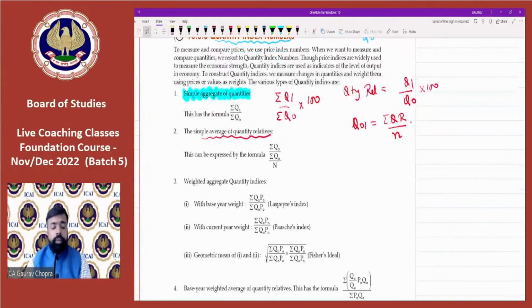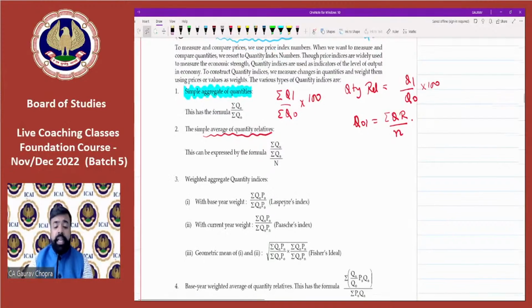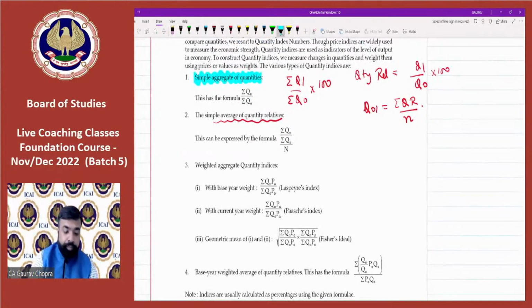Now similarly, we can also use weighted aggregative method. Now to use the weighted aggregative method, we have to assign the weights. So in price index number, we have taken quantity as the weight. So similarly, in quantity index number, we can take price as the weight.